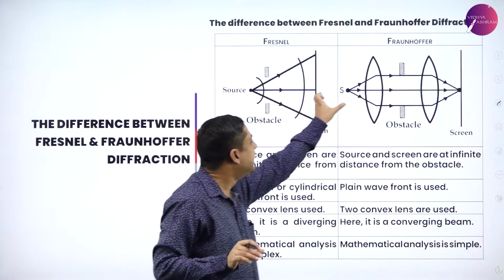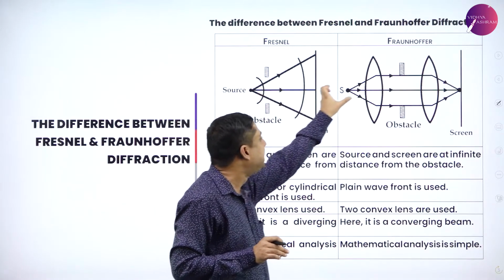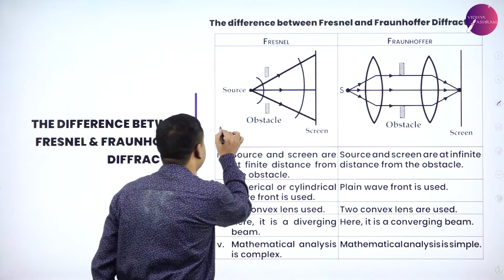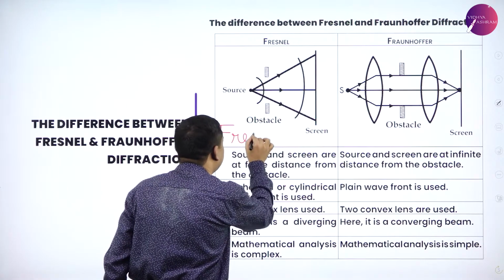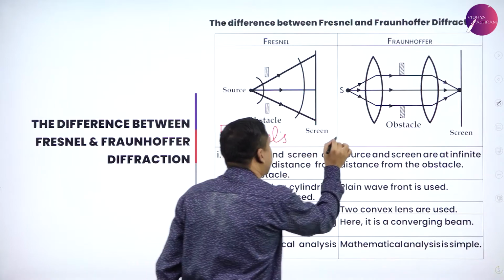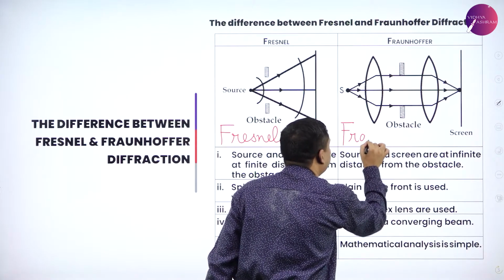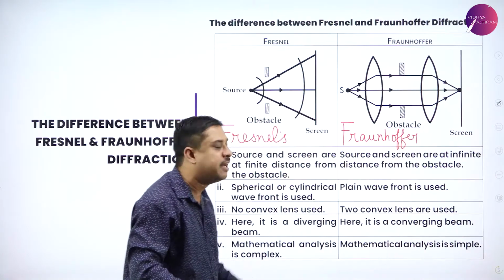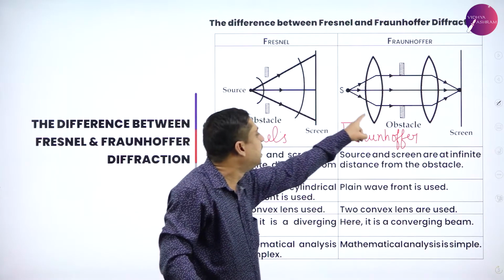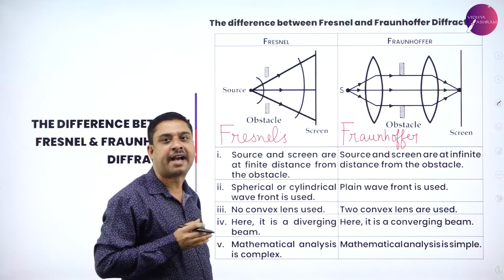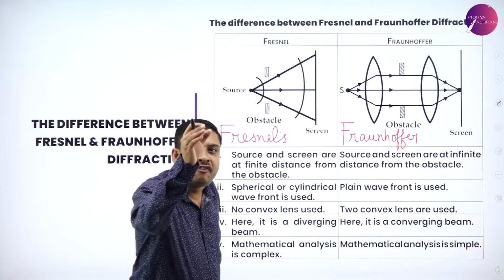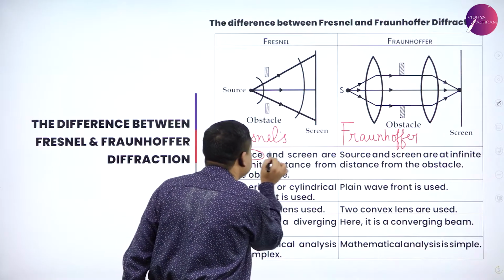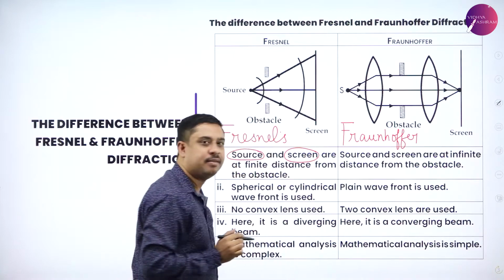So these are the diagrams which will depict Fresnel and Fraunhofer diffraction. So this is Fresnel and this is Fraunhofer. Now, let us study the differences between Fresnel's diffraction and Fraunhofer diffraction. Fresnel's diffraction says the source and the screen.